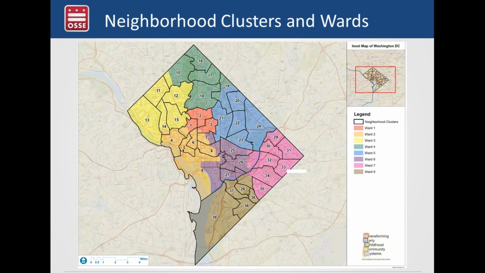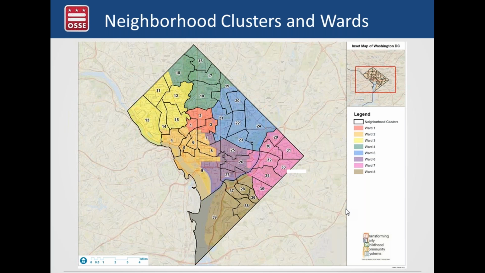So we've been looking at graphs so far, but I think a lot of the power of using the EDI to inform change district-wide comes out when you start to look at the maps. Josh Bader has been listening in carefully in case we have some mapping questions. We have a mapping team that takes the data and maps it. This map actually is not showing the EDI results, but it's just reminding us of how the neighborhood clusters are clustered into wards.